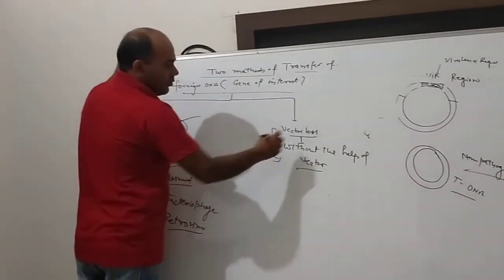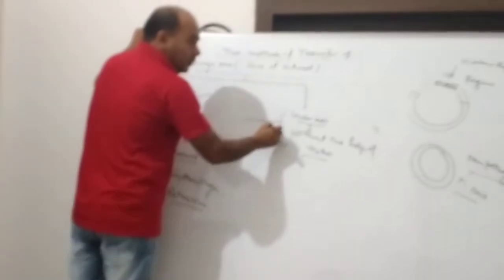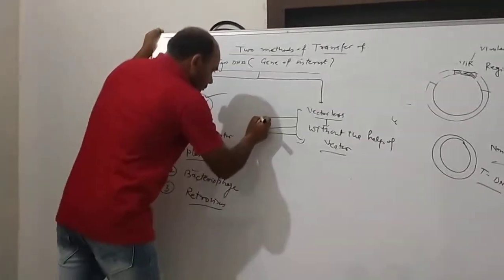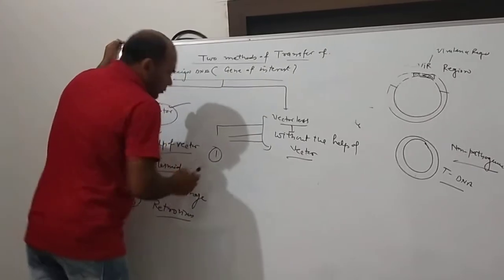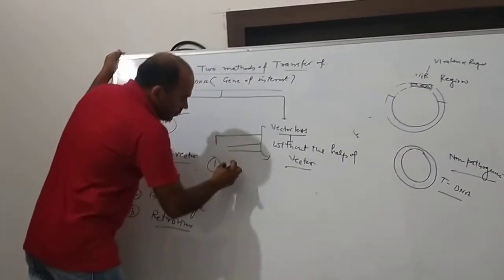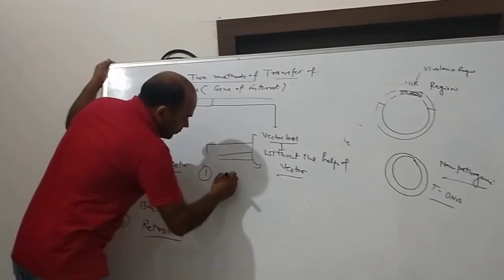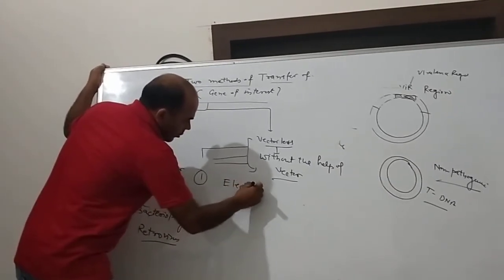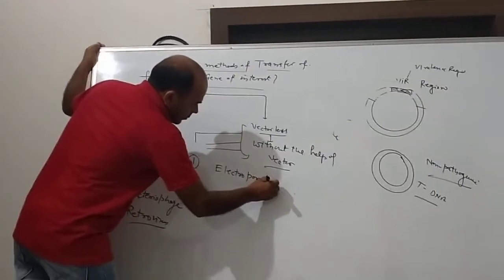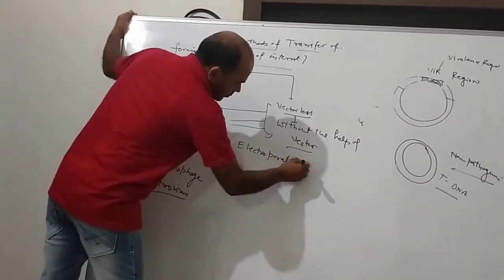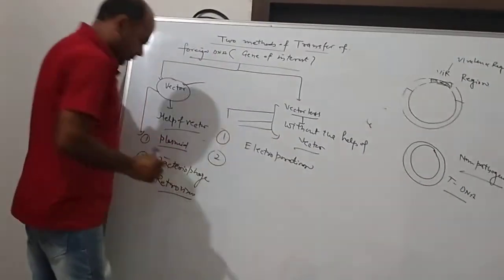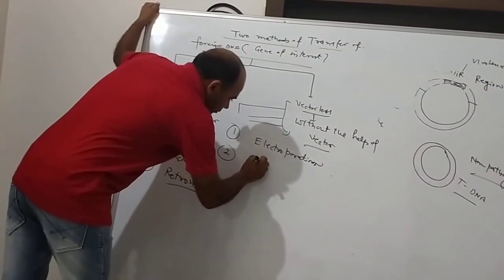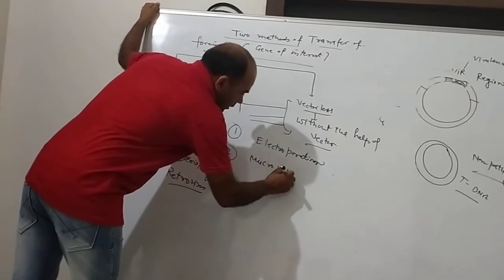The methods which are called vectorless are again of many types. Number one, electroporation. Second, microinjection.